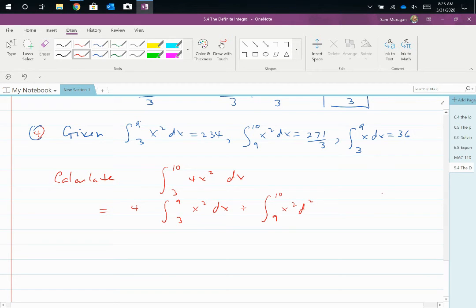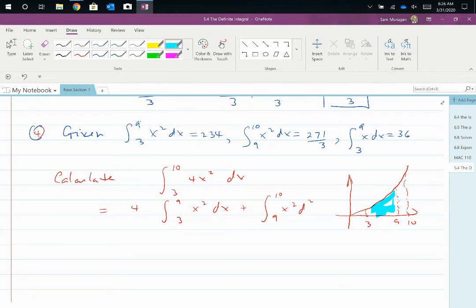In other words, if you wanted to see what this looks like, this is a part of a parabola, right? And we want to go from 3 to 10. But there's no set of values from 3 to 10, so we have to go from 3 to 9, and then from 9 to 10.